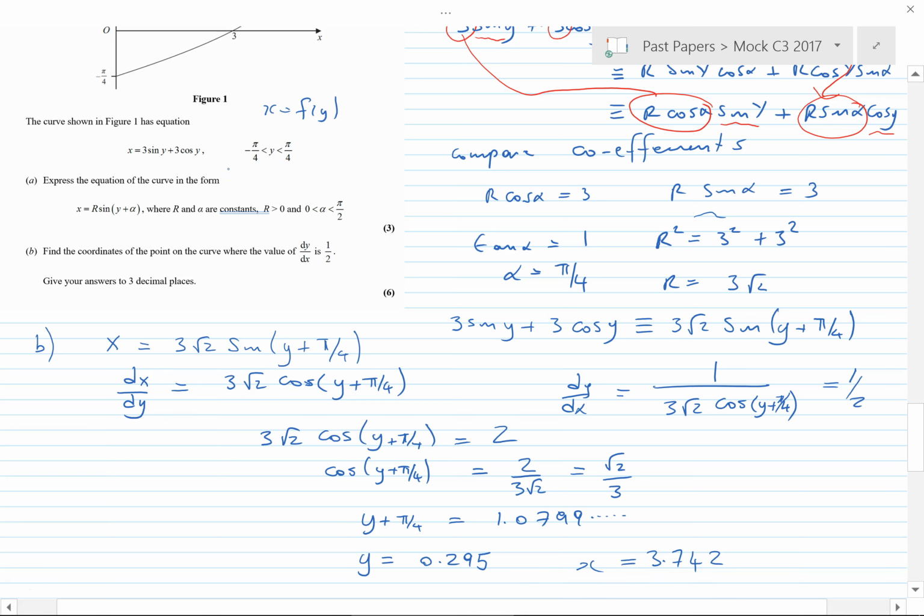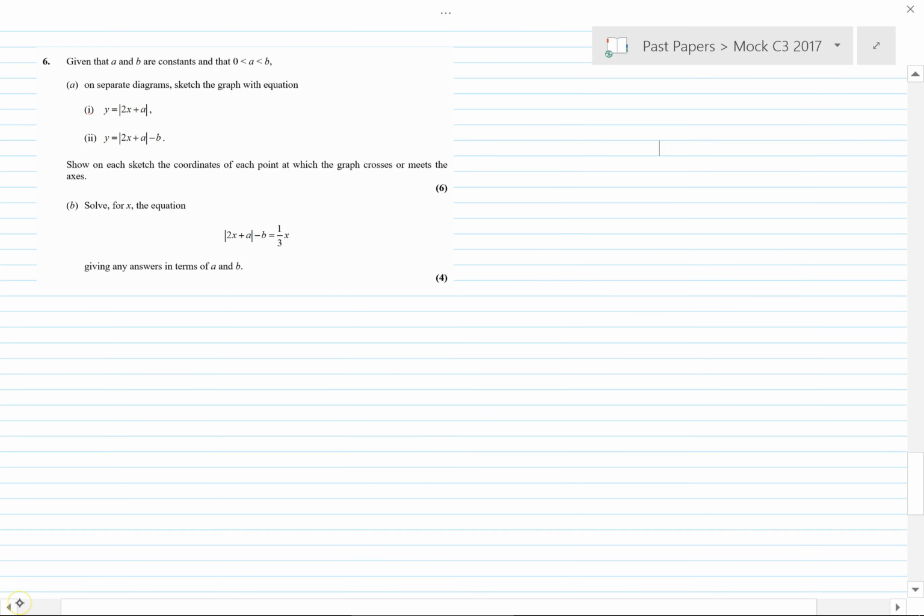Okay, so now let's look at question 6. So the first bit's a nice sketching thing. I'm going to just imagine the modulus sign isn't there, then it's just something with gradient 2x but intercept a. So it does this.